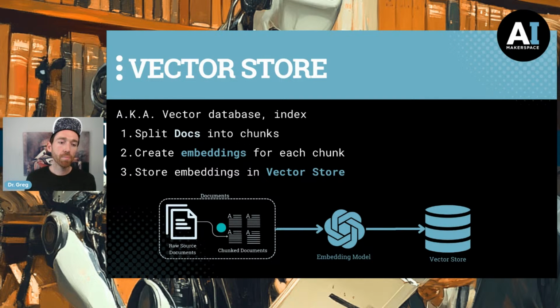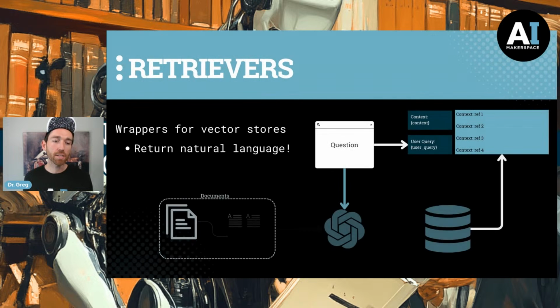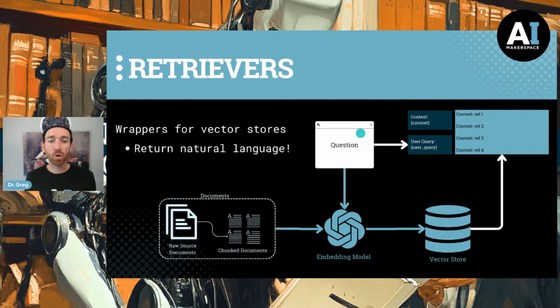So we take our initial documents, we chunk them up, we tokenize the chunks, and then we run them through an embedding model before we ever store them in the vector database. So in the vector store, we already have these embedded representations sitting there waiting to go. And that's what allows us to compare the question through the embedding model and the documents through the same embedding model and compare the similarity.